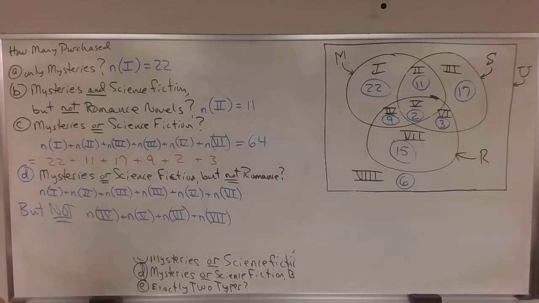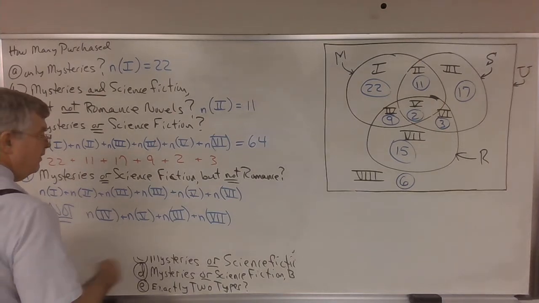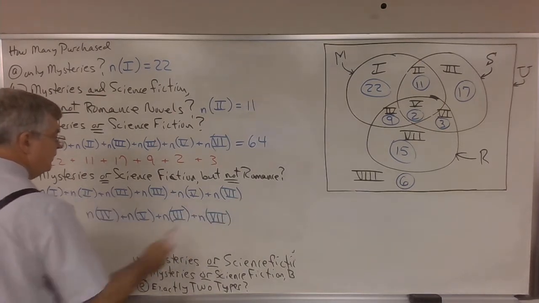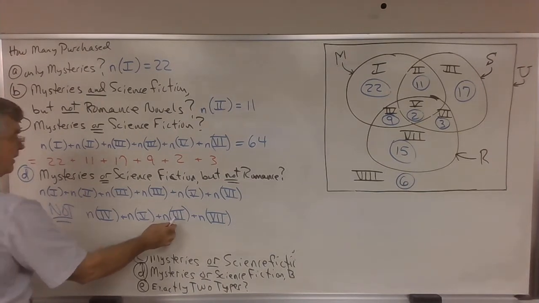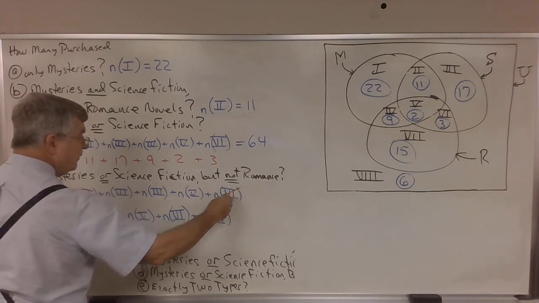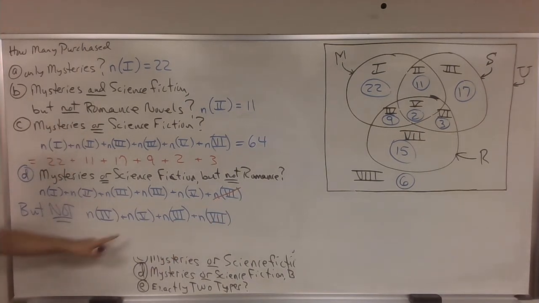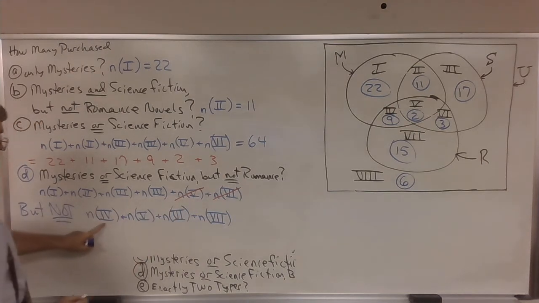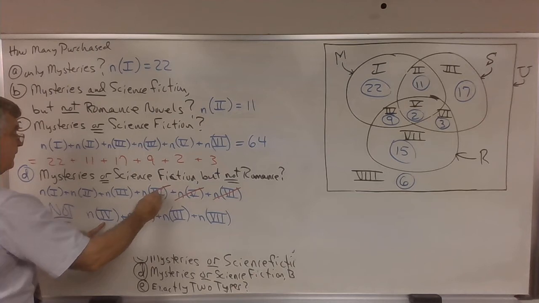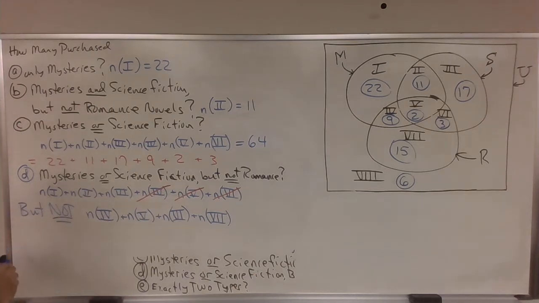So let's see. They can't be in 7, but we're not counting 7 up here. They can't be in 6, so cross that out. They can't be in 5, so cross that out. They can't be in 4. So it's just those people in regions 1, 2, and 3.